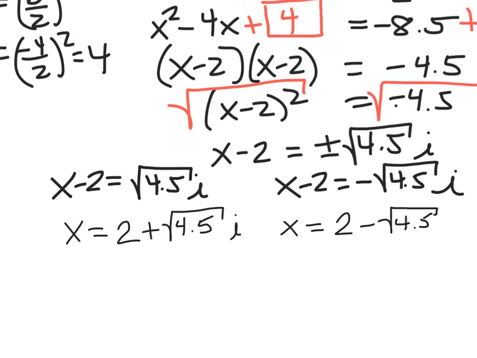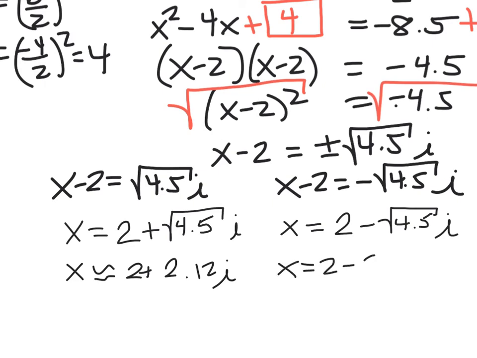Remember when we talked about writing complex numbers, we like to write the real first and the imaginary second. And we could approximate these if we wanted to take the square root of 4.5. I could say that this is approximately 2 plus, I recommend going to the 100th place again. And over here we'd have x equals 2 minus 2 and 12/100ths i.